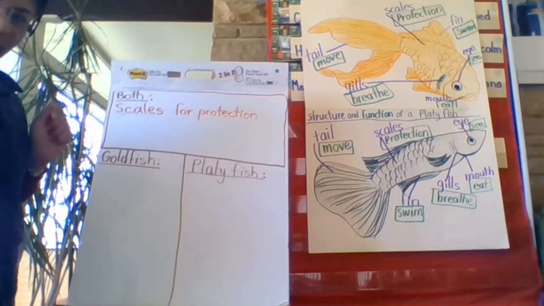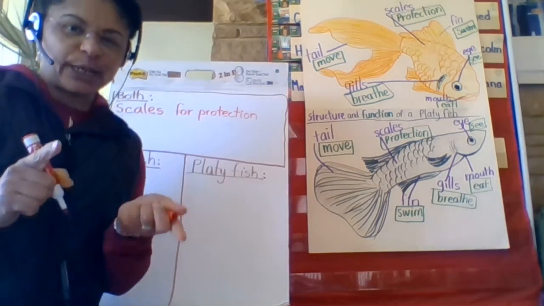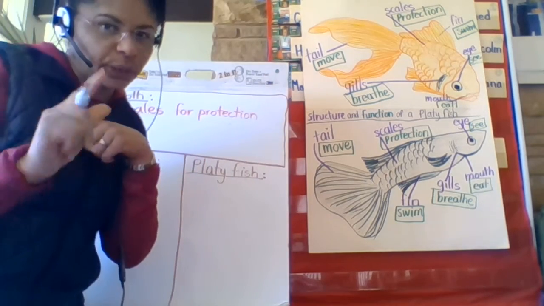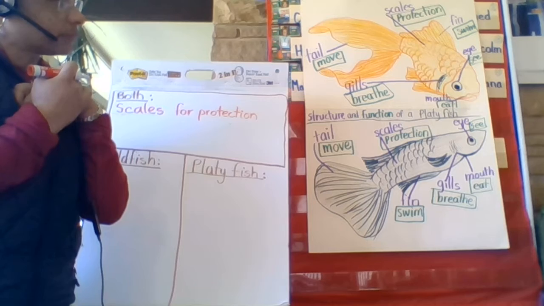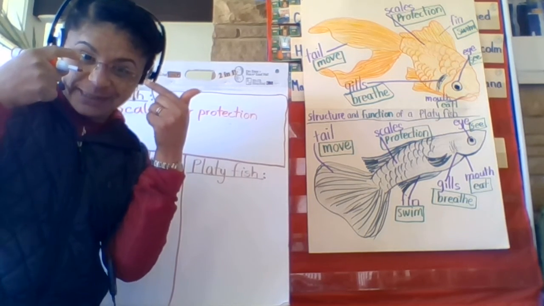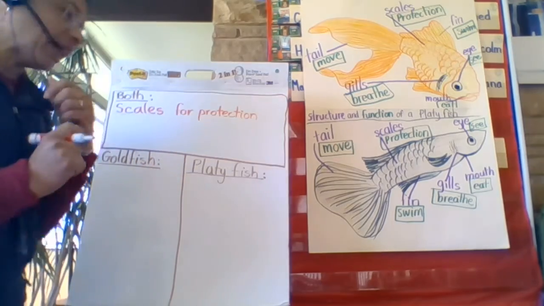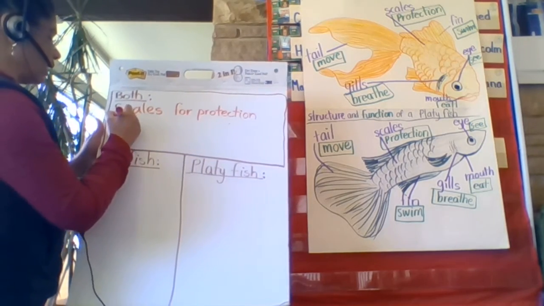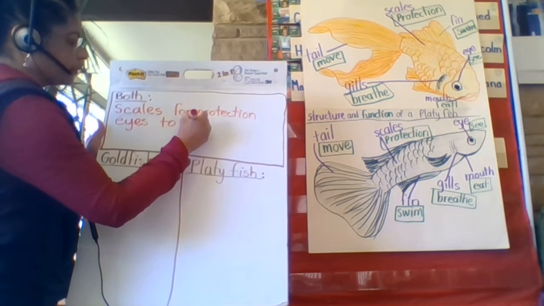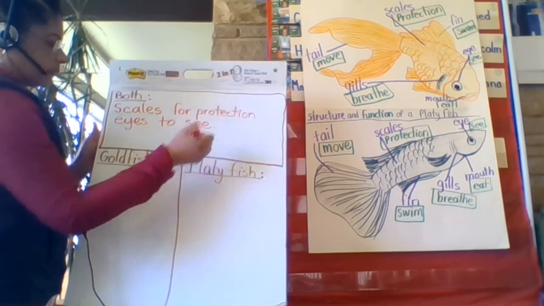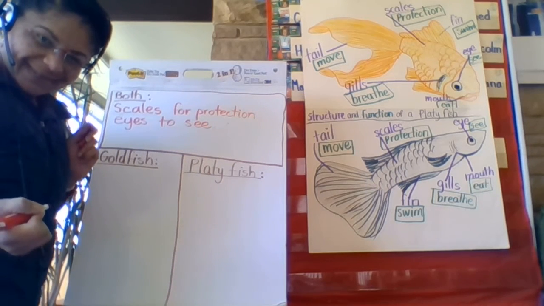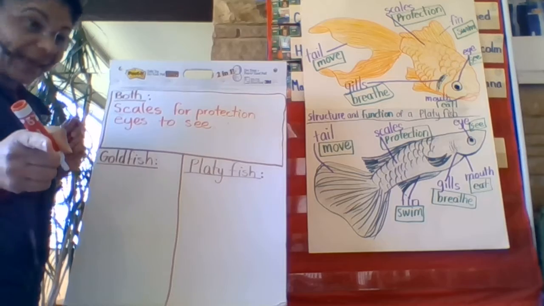Okay? Now I'll give you some time to think about what else they both have. Did I hear you say that they both have eyes to see? You got that one right. They both have eyes to see. What else? Yes, that's it.